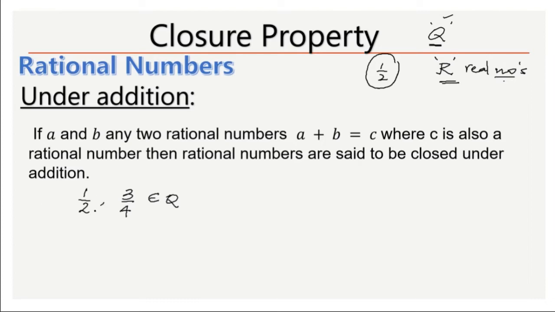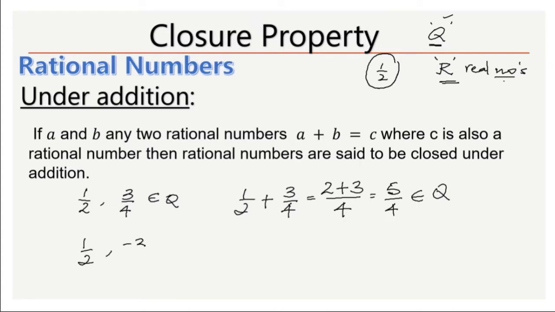If 1 by 2 and 3 by 4 are rational numbers, their sum, 1 by 2 added to 3 by 4, the LCM is 4, so 2 plus 3 is 5, 5 upon 4, is also a rational number. For instance, if I take one of them as a negative, 1 by 2 and negative 3 by 4, they are rational numbers.